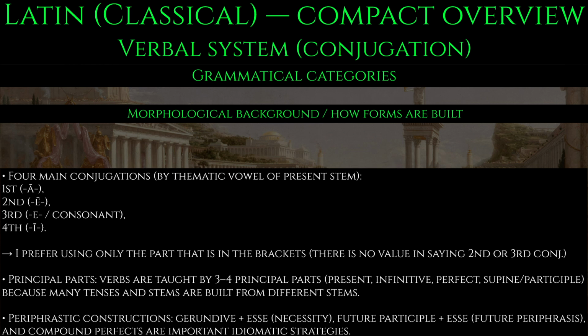And lastly, periphrastic constructions. Those are the constructions that have 2 components. So, for example, gerundive plus esse. Esse is the verb to be in Latin. Gerundive plus esse is necessity. Then we have future participle plus esse. And we have compound perfects. Those are very important.